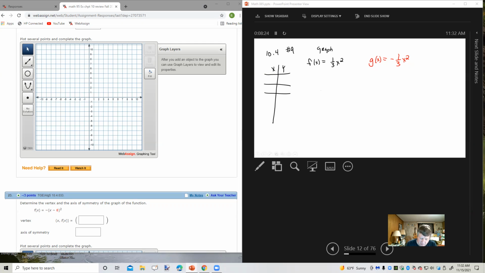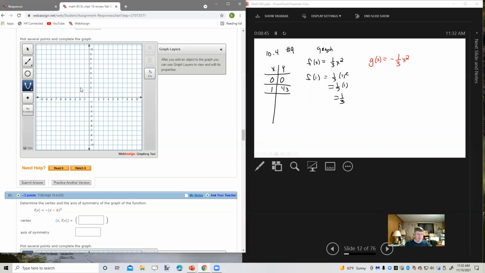It would be at 0, 0, wouldn't it? Okay. Any questions about that? Well, there's nobody here to ask questions anyway. What if x is 1? f of 1 would be 1/3 times 1 squared, which is 1/3 times 1, which is 1/3. So over here on the graph, turn that blue, graph the vertex first, and then 1, 1/3.